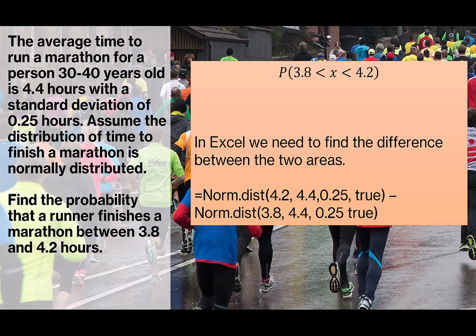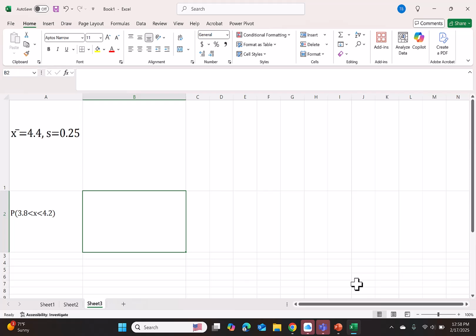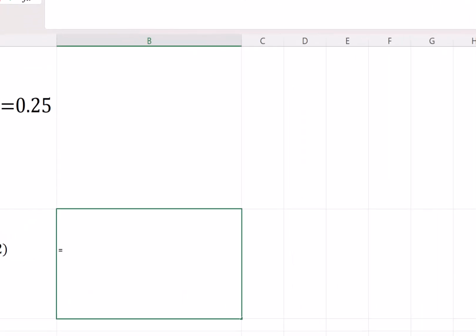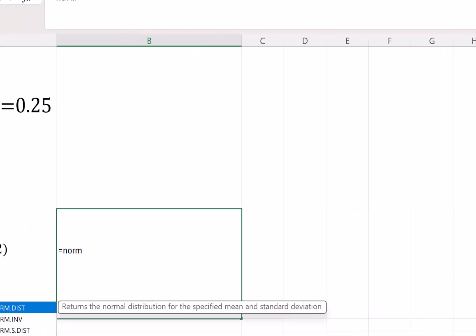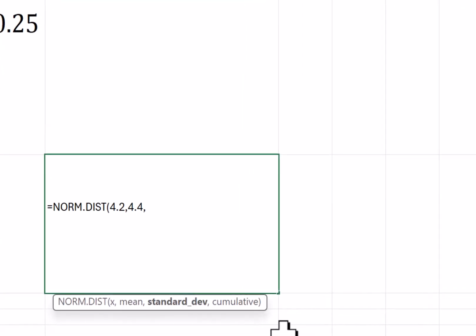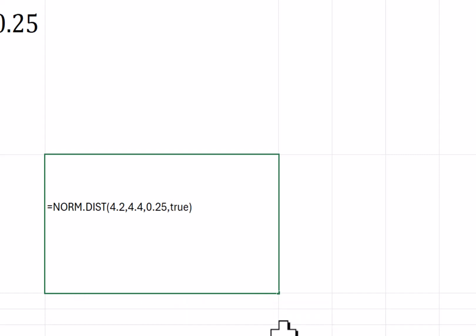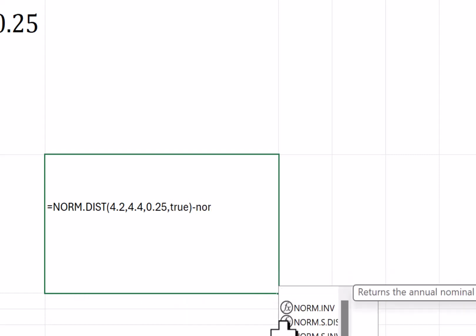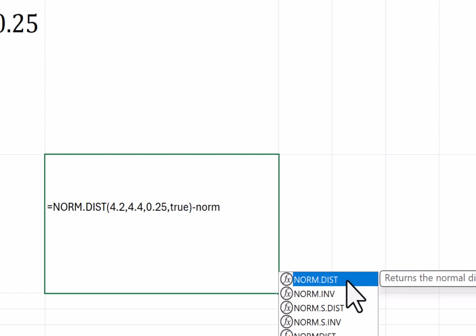between those two numbers. So in Excel, go to your blank cell, type equals, start typing norm, double click on .dist, put in your larger value, which is 4.2, the mean 4.4, standard deviation 0.25, then true. Close parenthesis, hit minus. Start typing norm.dist again.